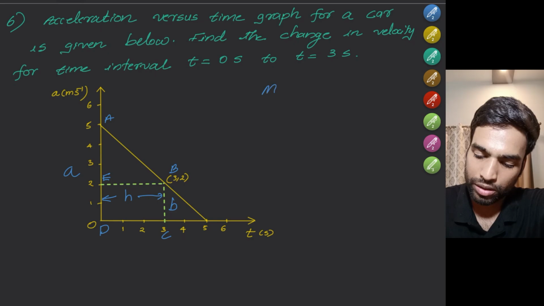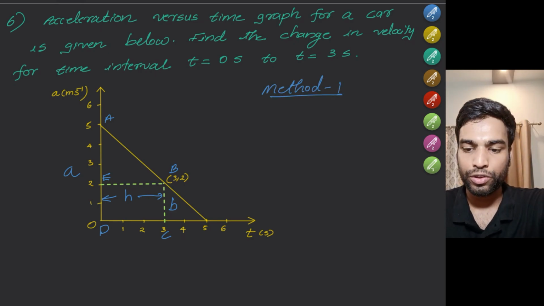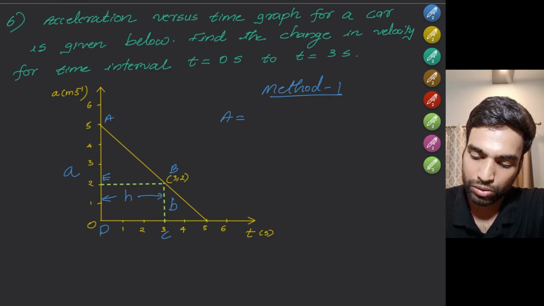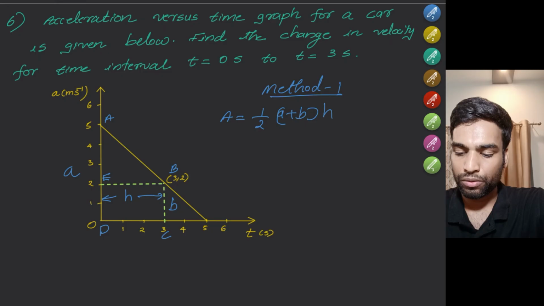Method one is finding the area of the trapezium directly using the formula A is equal to half into (a plus b) into height. Now this is a mathematical formula in which a and b are parallel sides and h is the perpendicular distance between the parallel lines, or the shortest distance between parallel lines.